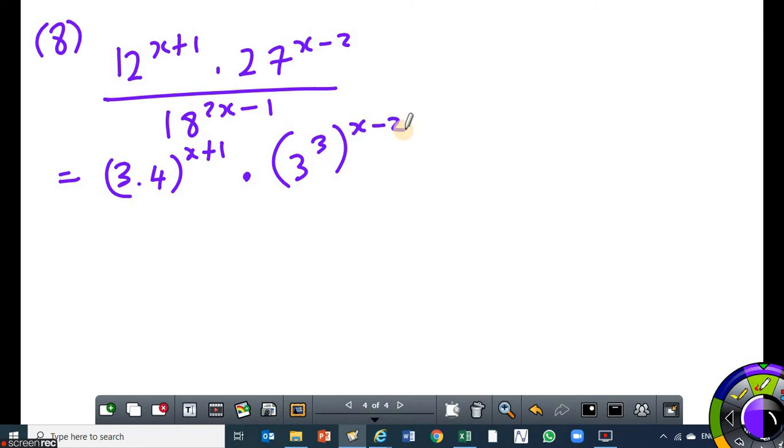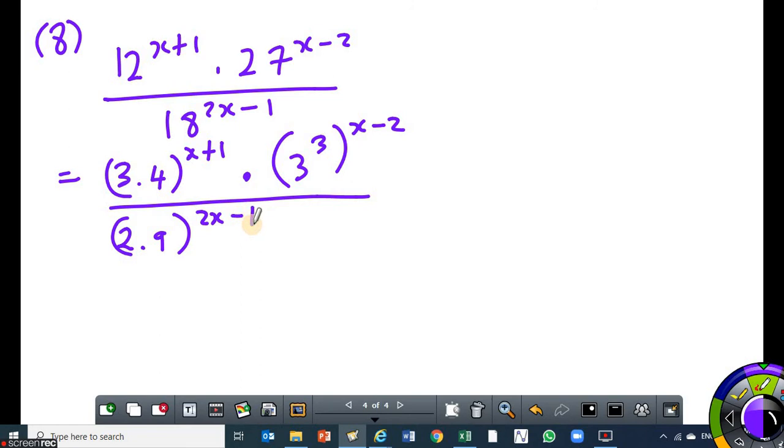All over 80, now that's 9 times 2. I can write that as 9 times 2, or as 6 times 3, but I'll write it as a product of a prime number and a perfect square. The perfect square, which is a factor of 80, is a 9. So I can write this 80 as 2 times 9, all raised to the power of 2x minus 1.